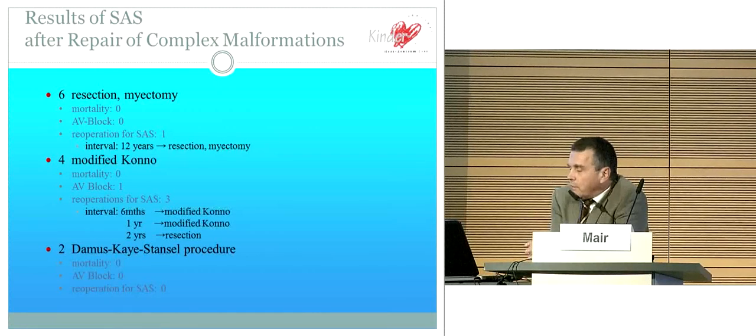With the modified Konno procedure, 3 patients out of 4 needed a reoperation. Maybe at least 1 of these patients was a technical problem, but this was a little bit disappointing about the modified Konno procedure. And the Damus-Kaye-Stansel procedures went well and did not come back for subaortic stenosis.